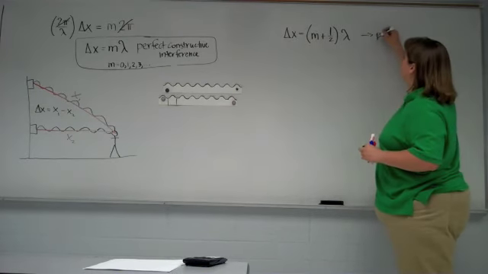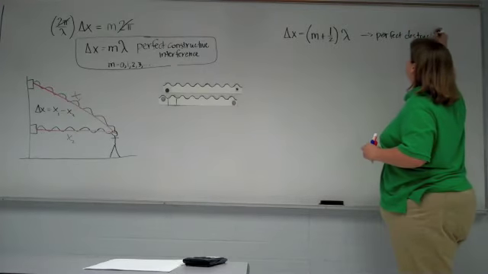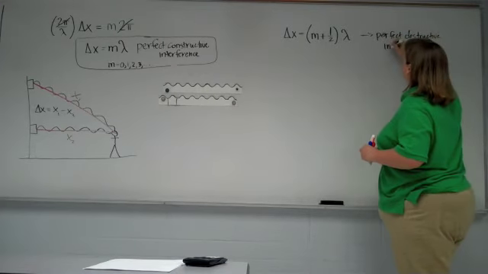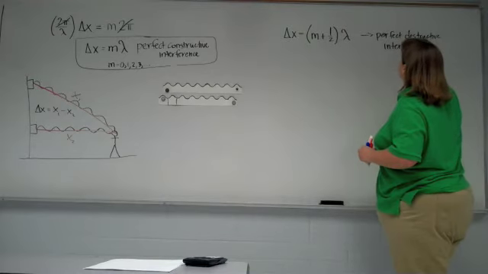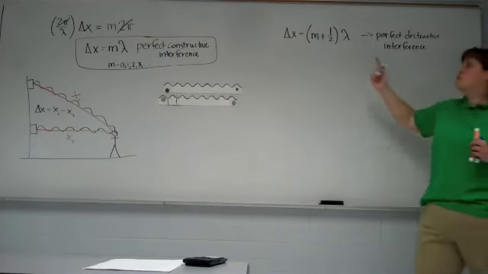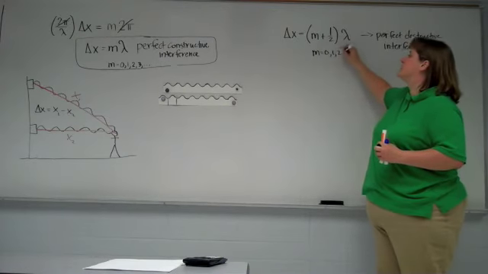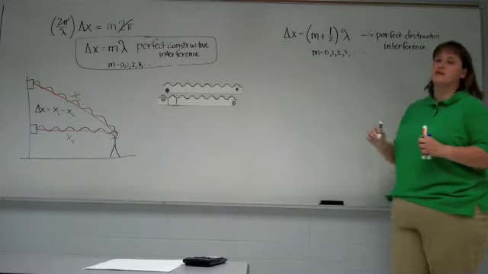This gives us perfect destructive interference. Writing it this way, m can also be 0, 1, 2, 3, and so forth as well.